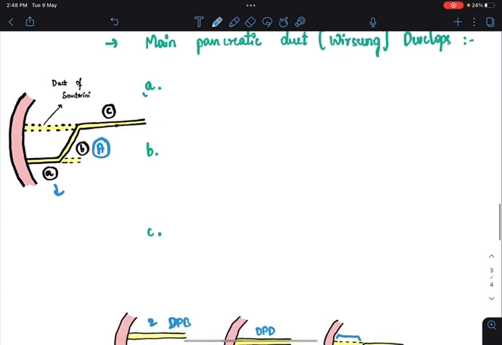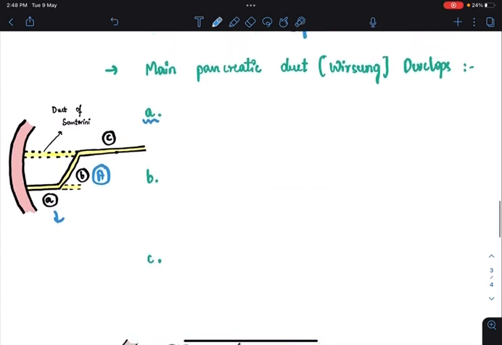So now let's consider A. What is A? This is the proximal part of what? Ventral pancreatic duct. So this is proximal to what?